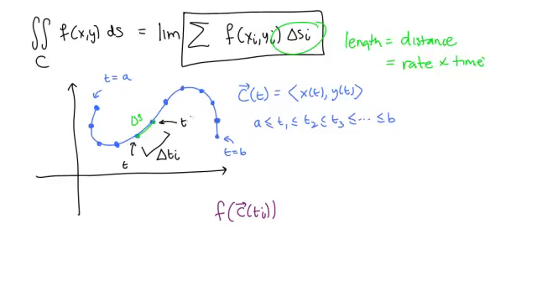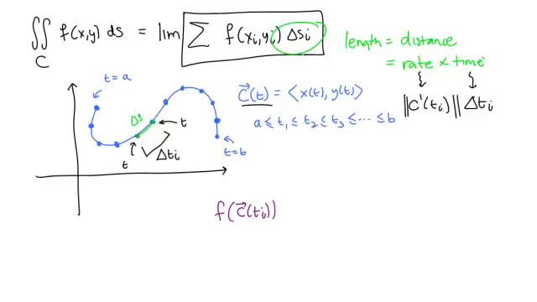So we've traveled delta ti seconds. So this piece we could express as delta ti. What about the rate? Well, rate is another word for speed, and we know how to compute the speed of a vector-valued function. We take its derivative at a specific point. That's the vector who tells me what direction we're moving in, and its length tells me how fast we're going.